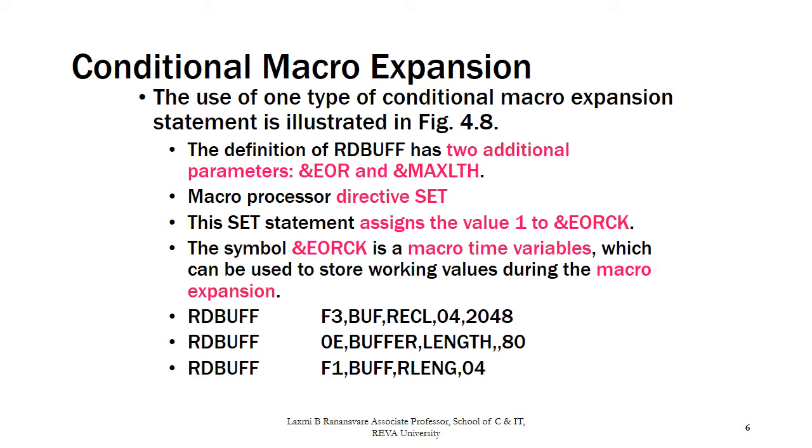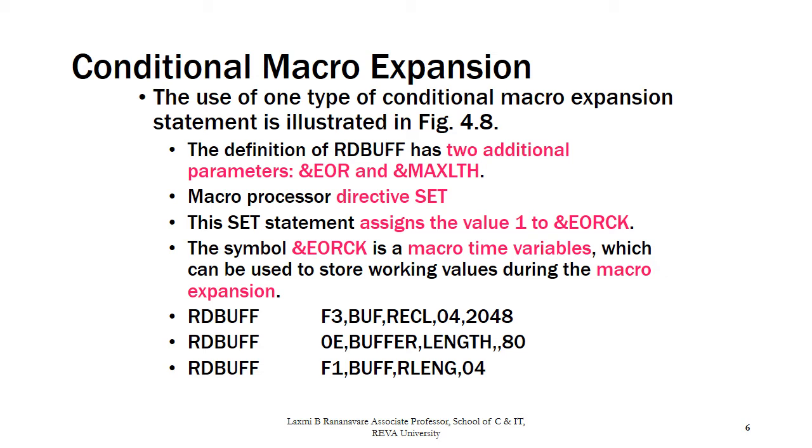So we are going to take 3 macro calls: read buff, F3, buff, reclen, then 04, 2048, and the second call is read buffer, 0E, buffer length, and there is no parameter for this EOR in this case, and the last parameter is 80.